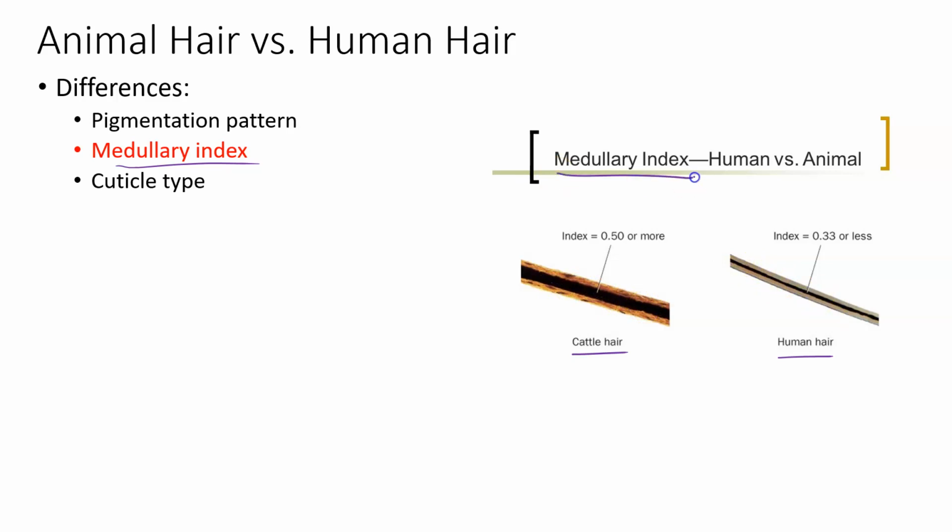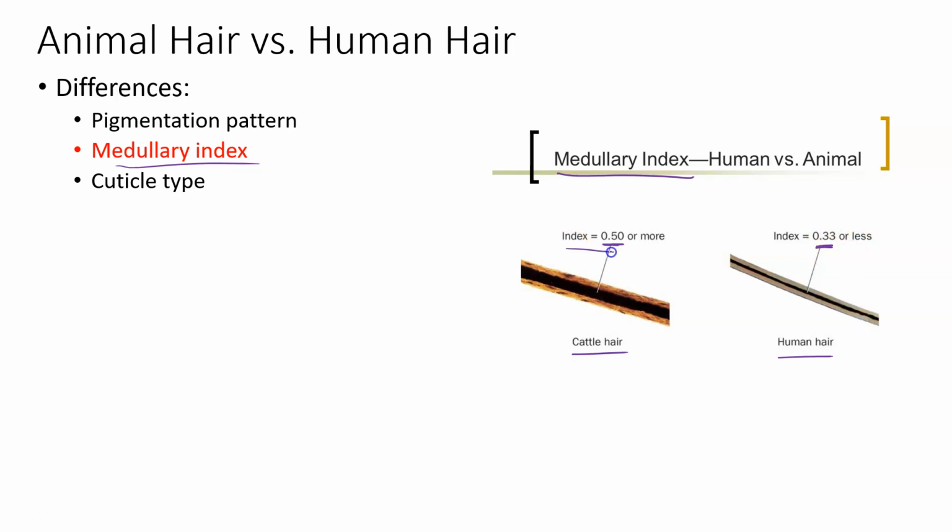We call that a medullary index, and we can actually put a value on it, or we can quantify the medulla based on this medullary index. If the medullary index is 0.5 or more, okay, 0.5 or greater, then it is an animal hair. If it is 0.33 or less, it is a human hair.